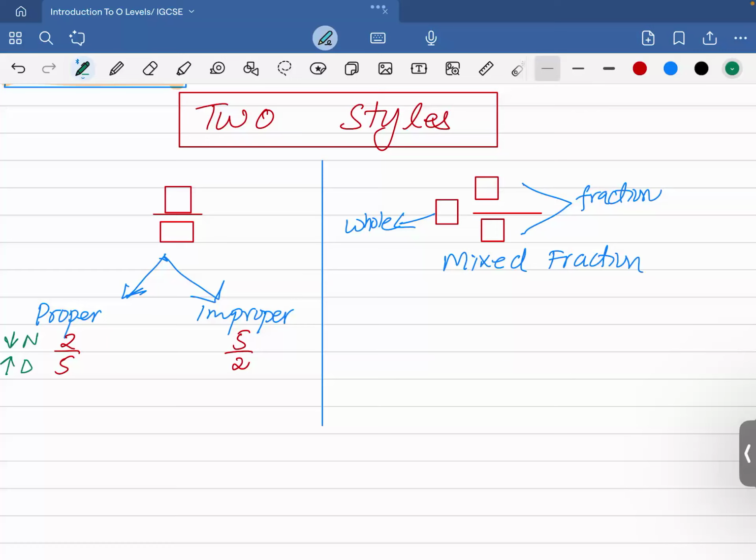But in an improper fraction the numerator is increased and the denominator is decreased. Agree or not? Yes, sir. So 5 by 2 is improper but 2 by 5 is proper, and we can convert these improper fractions into mixed fractions. Agree or not? Yes, sir.